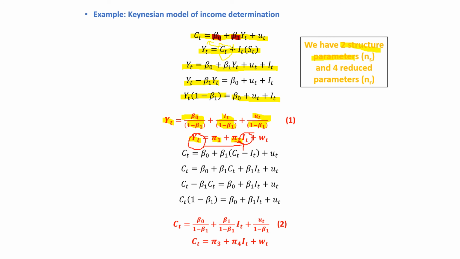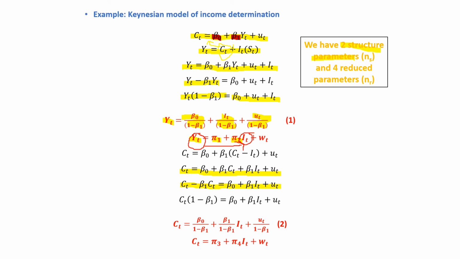And again we have another endogenous variable, which is C. In the same way, C equals beta naught plus beta 1 Y, and we replace Y by its value, which is C plus I plus u. So we will have C equals beta naught plus beta 1 C plus beta 1 I plus u. Then C minus beta 1 C equals beta naught plus beta 1 I plus u.